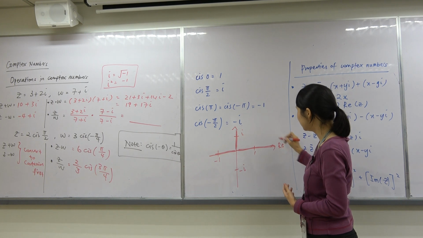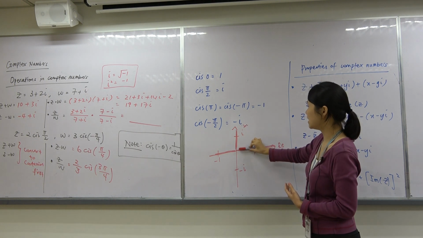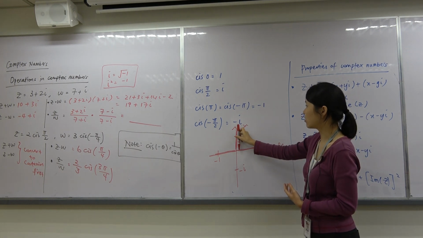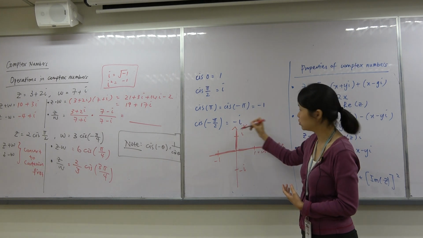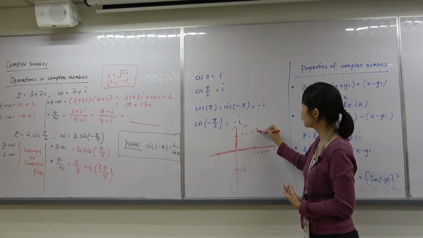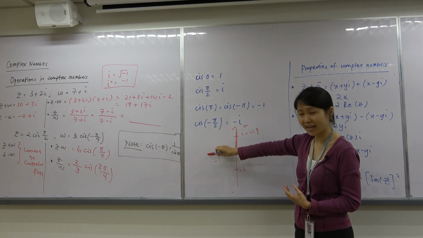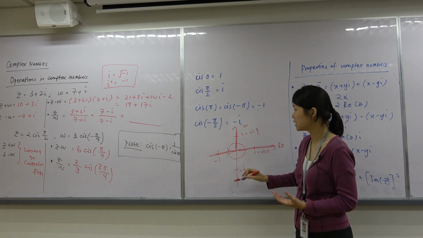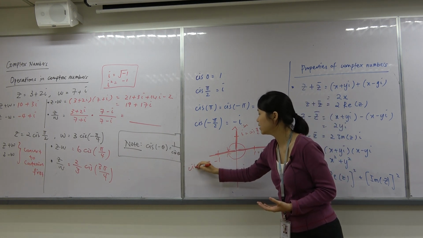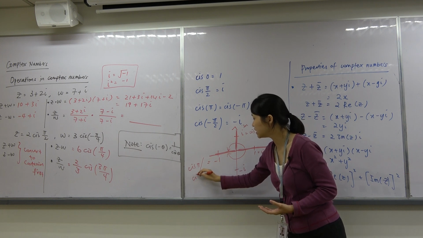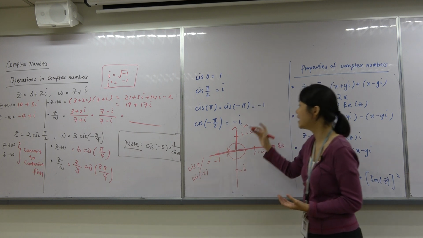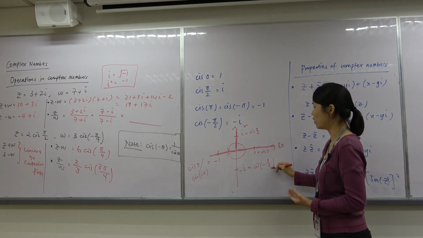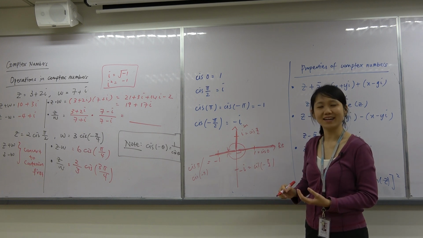This one has an angle of 0, hence this is cis 0. That has an angle of 90 degrees, which is pi over 2, therefore cis pi over 2. And this has an angle of pi if you move in this direction, or an angle of negative pi if you come in this direction. Hence, this is cis pi or cis negative pi to give negative 1, and one last one would be negative i equivalent to cis negative pi over 2. Why? Because it is 90 degrees clockwise.